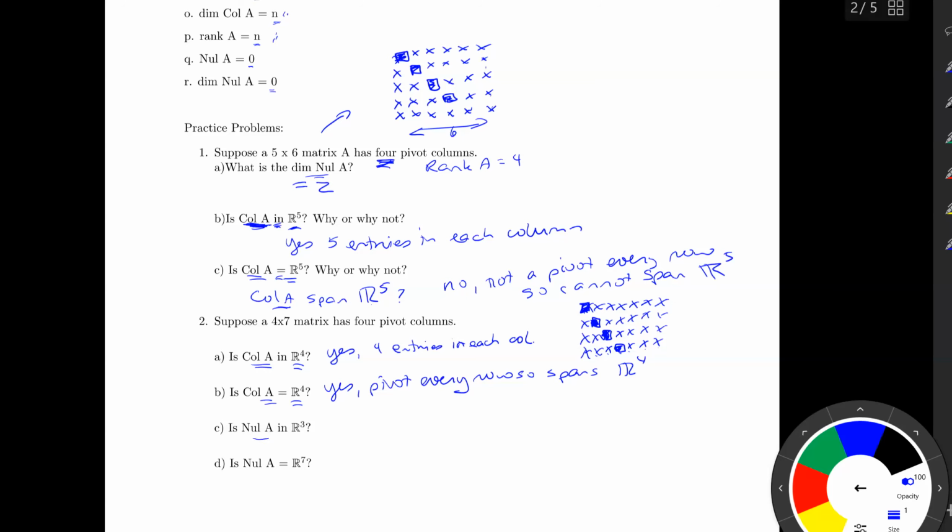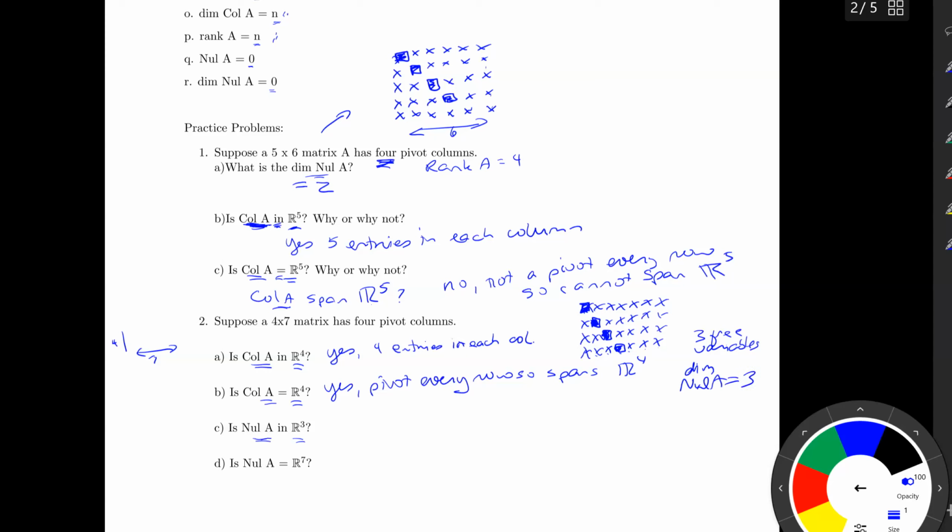Okay, so is Null A in R3? Well, it's a 4 by 7 matrix. I know that there are 4 basic variables, so there must be 3 free variables. So the dimension of Null A equals 3.